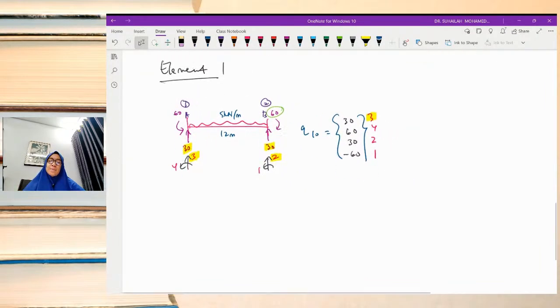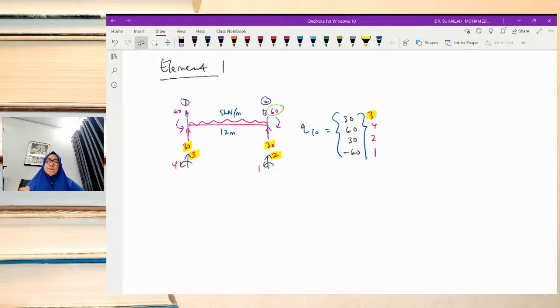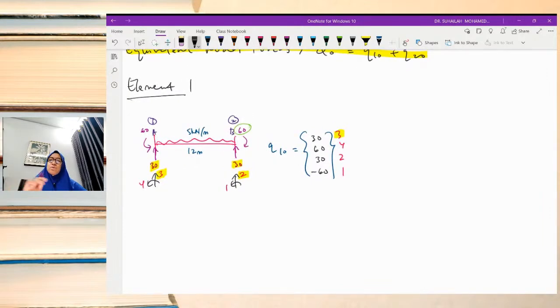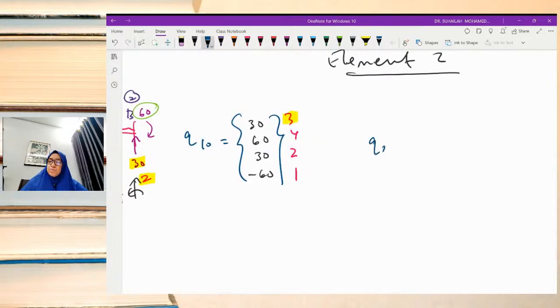And for element number 2, since there is no loading on the member, Q2 naught is 0, 0, 0, 0.